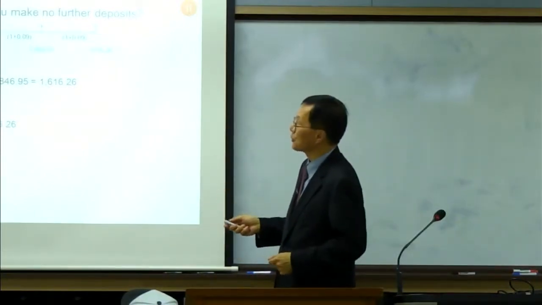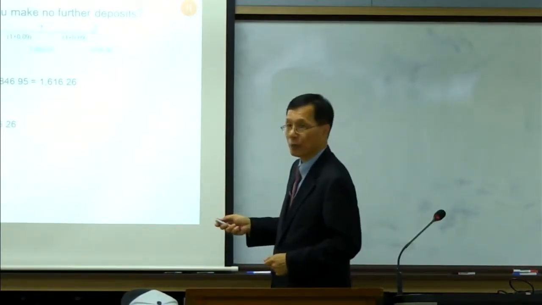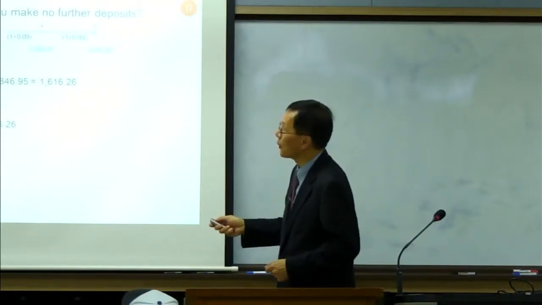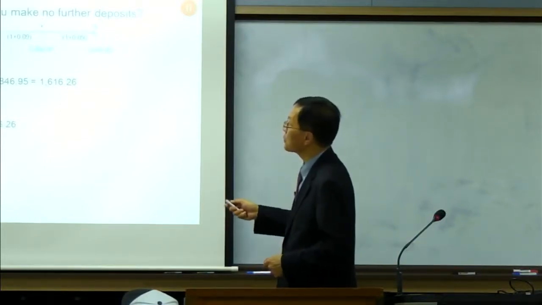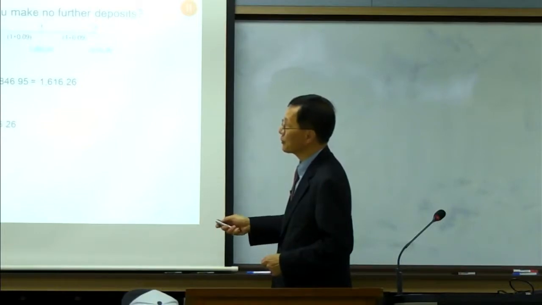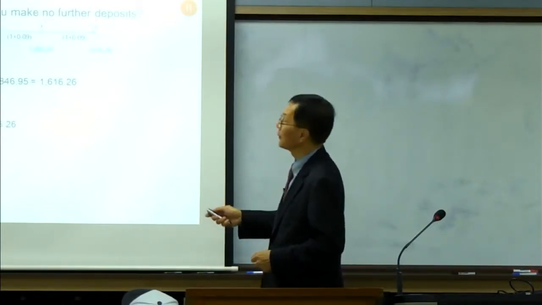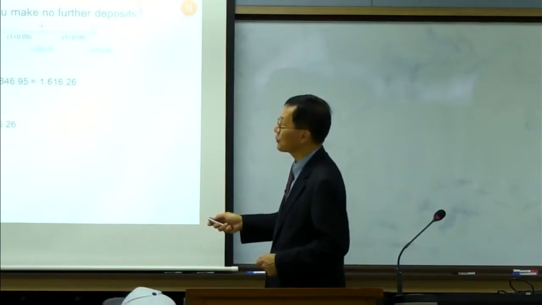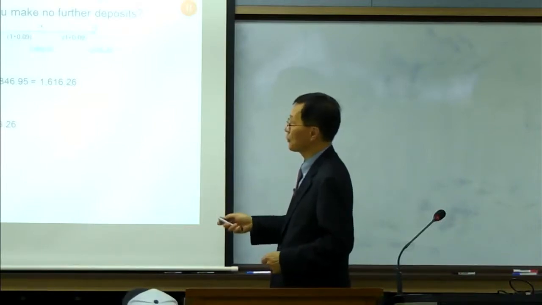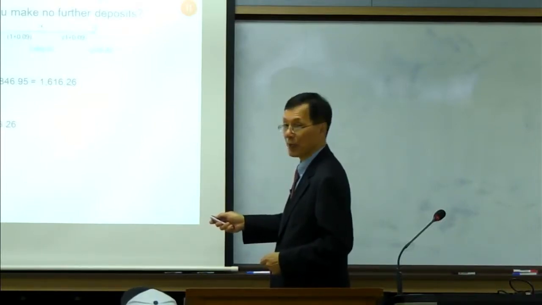Alternatively, what you can do is take the year 0 cash flow and compound it once, twice, 3 times, 4 times, and 5 times. That's 500 times 1.09 to the 5th power. And the year 1 cash flow of 600 is compounded once, twice, 3 times, 4 times. So 1.09 to the 4th power.